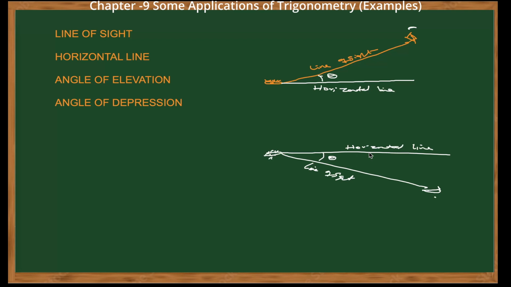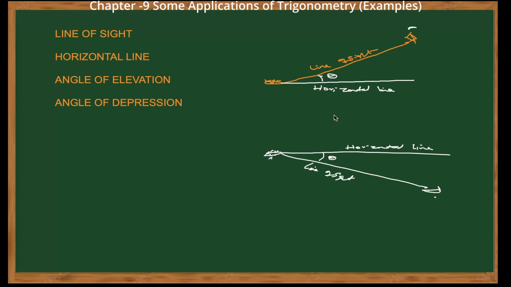We need to know what is line of sight. Line of sight is from the place where you're seeing the object. And from your eye view, the straight line which you form is horizontal. An angle of elevation forms an angle. If you're viewing at the top, it's elevated, angle of elevation. If you're looking down, it's the depression.